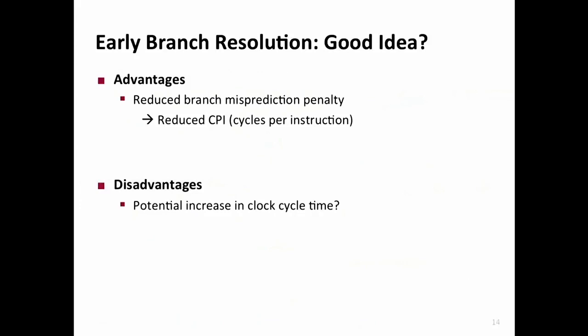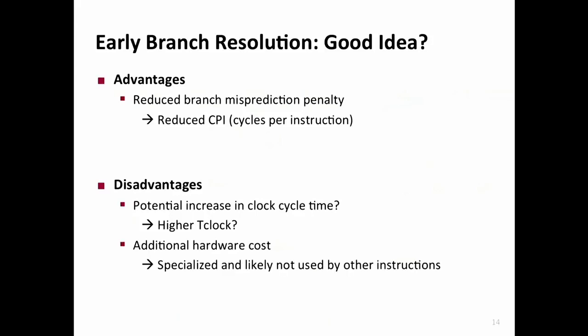And then power consumption. But there could be potentially increasing clock cycle time, critical path, may or may not be, depending on what your critical path is. So maybe you get a higher clock cycle time, additional hardware cost. And this hardware cost is specialized and likely not used by other instructions also. And also everything else that comes with this additional hardware cost, right?